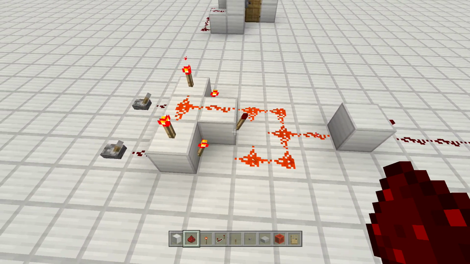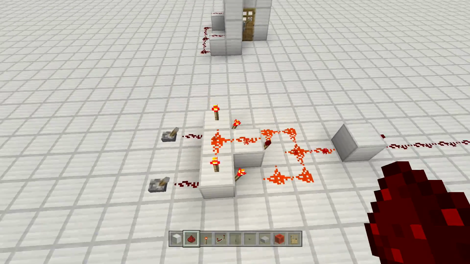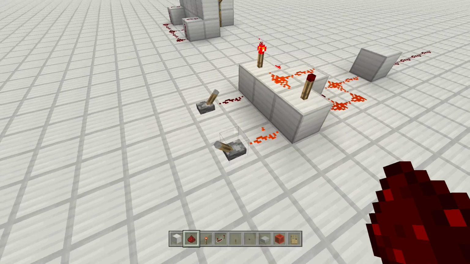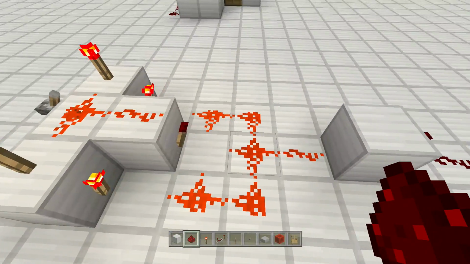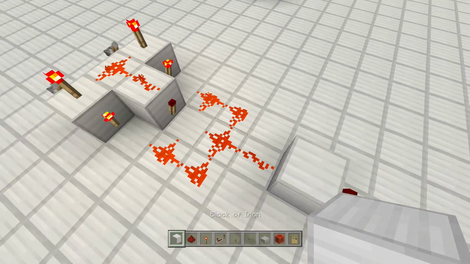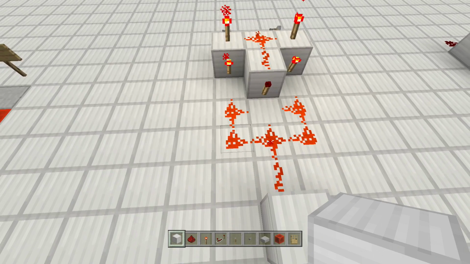So now this is not too bad, so let's test it out. It doesn't work, and that would be because, right, this is inverted, but you want to invert it again.